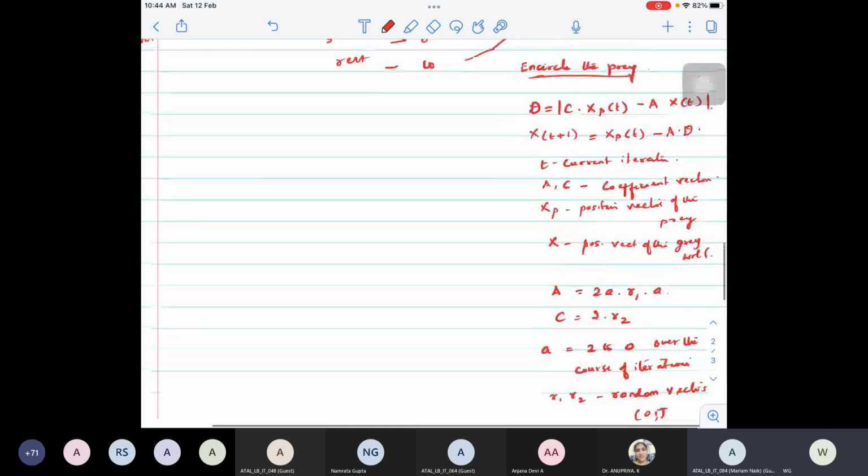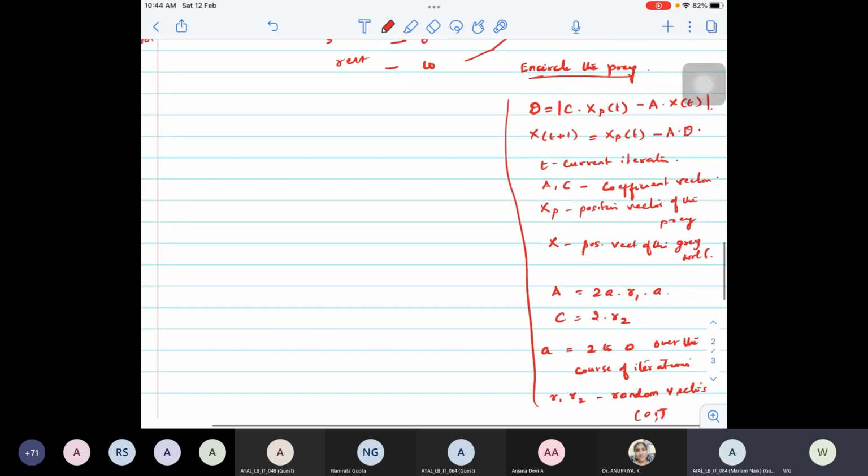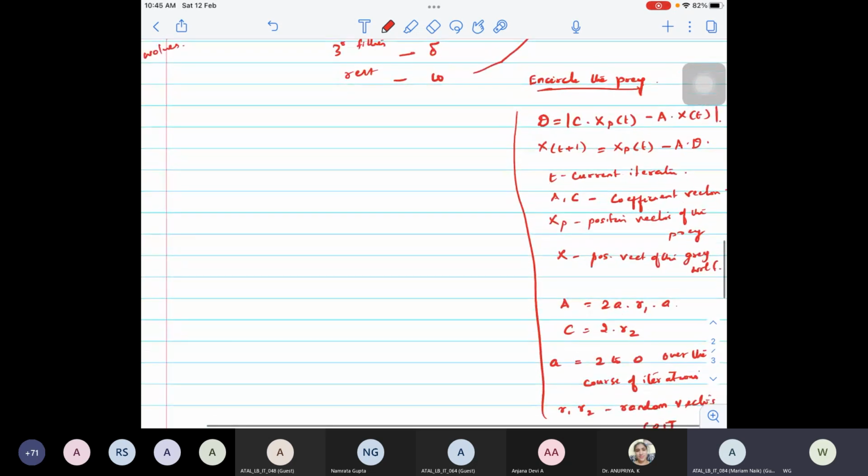And r1 and r2 are random vectors between 0 and 1. So you have the encircling of the prey given by these equations.